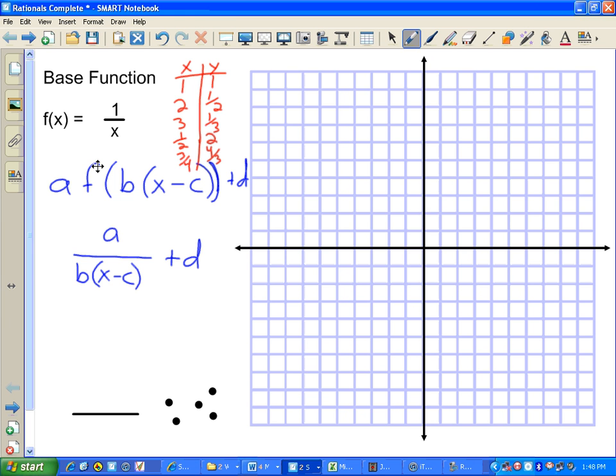So to graph a real basic starting function, if I go over 1, so if I put 1 in, I get 1 out. If I put 2 in, I get a half out. If I put 1/2 in, I get 2 out. If I were to put in 1/4, I'd get 4 out, and so on. And these are going to keep getting smaller, so here would be 1/3, 1/4, a fifth, a sixth, a tenth. Way out there would be 1/100th.